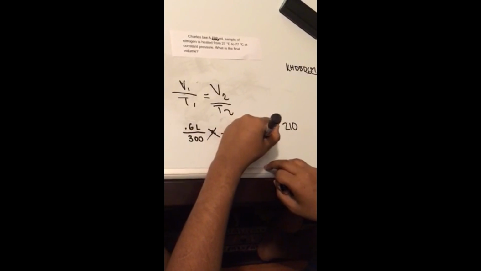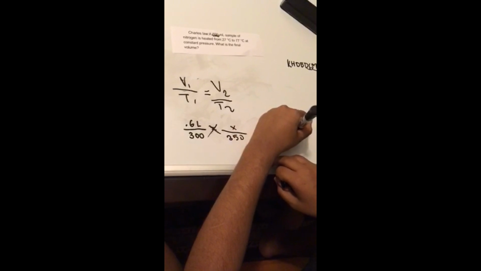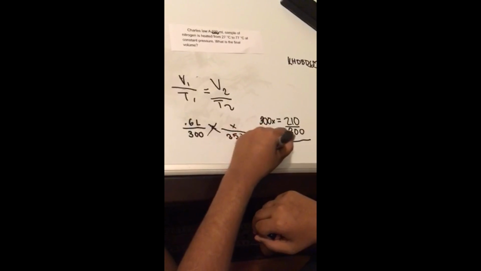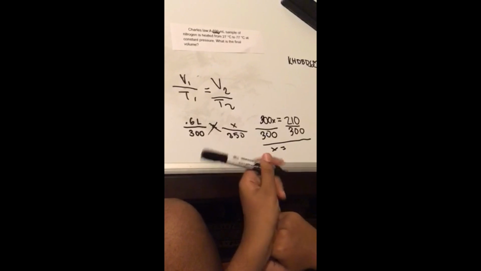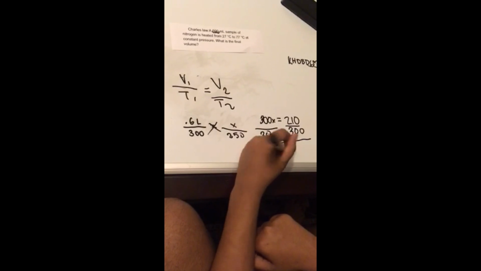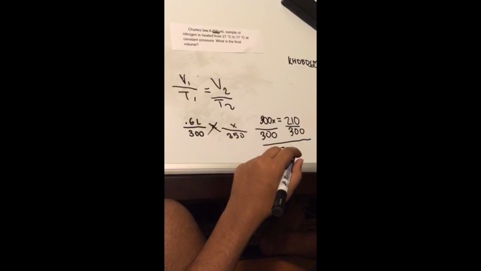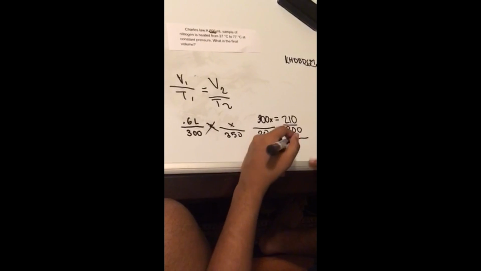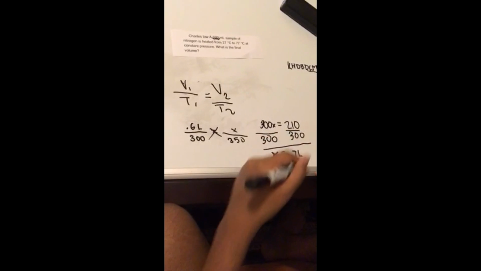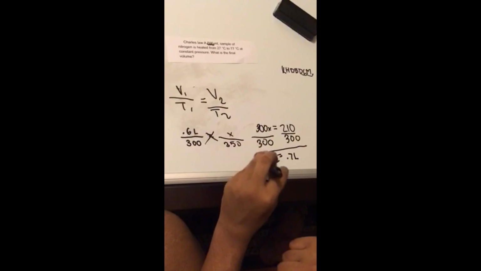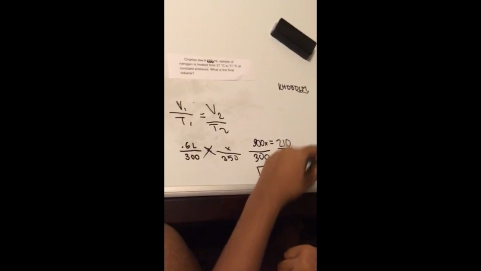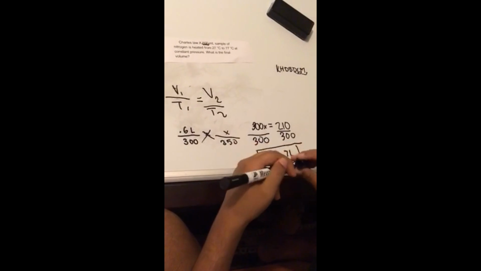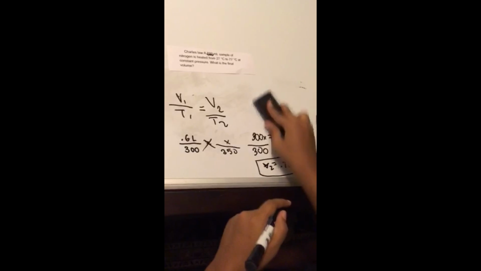So what we're going to be doing is we're dividing both sides by 300, and X, volume 2, would equal 0.7, but this is in liters. If we want to, it would be 700 milliliters, but I keep mine in liters, so it would be 0.7 liters. So that is the answer for this question.